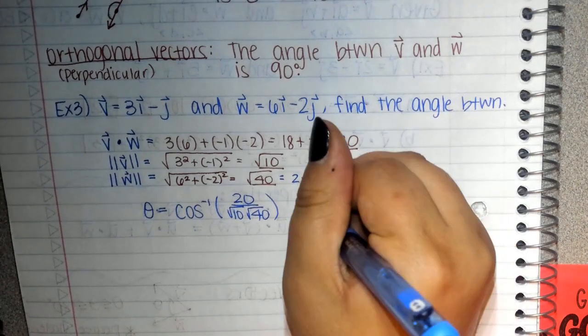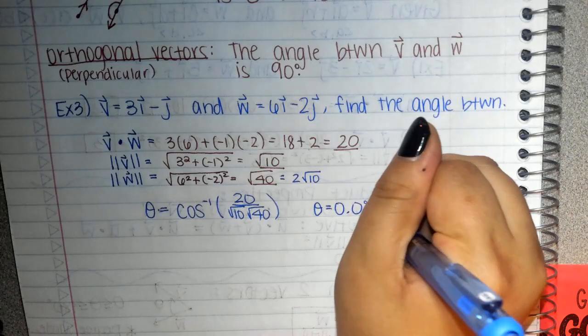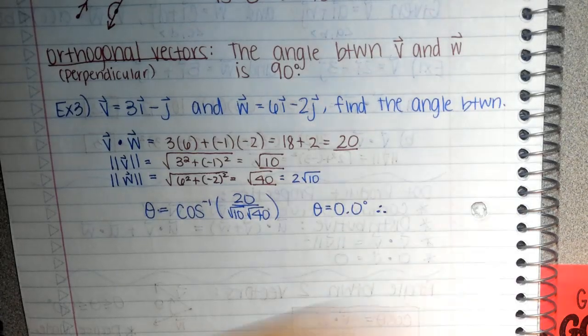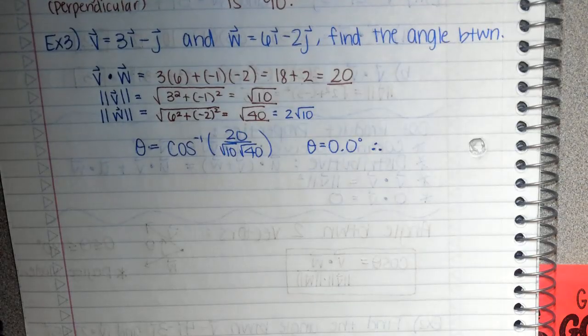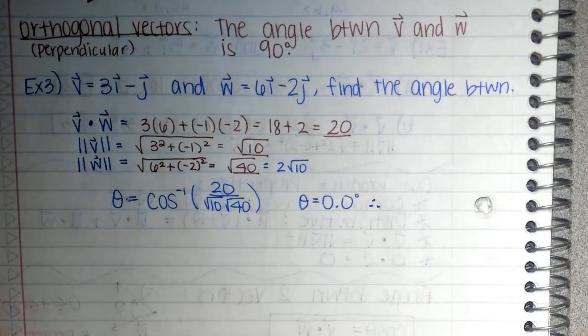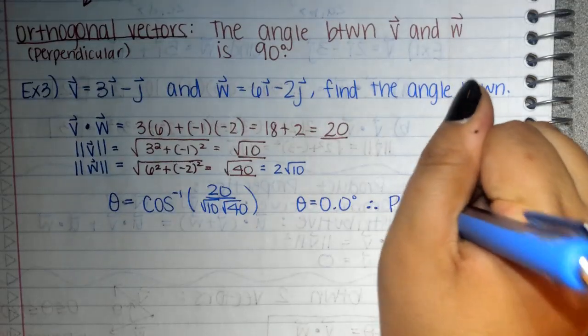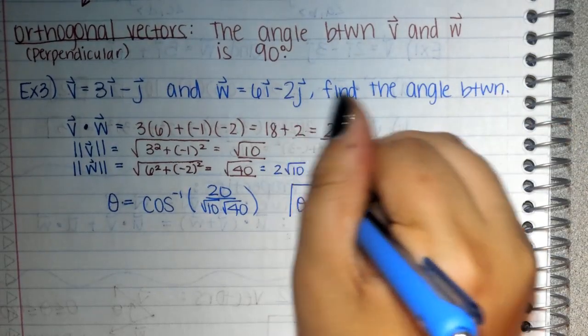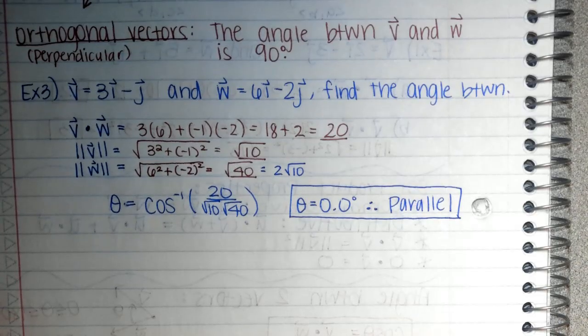So this is theta equals 0.0 degrees. Therefore, what do we know about the angle between these two? The parallel vectors. Does that make sense?